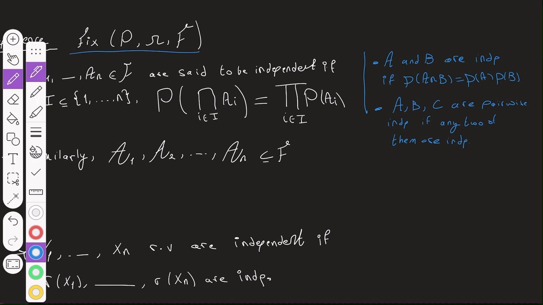So these two definitions might be familiar to you from an undergraduate probability course.